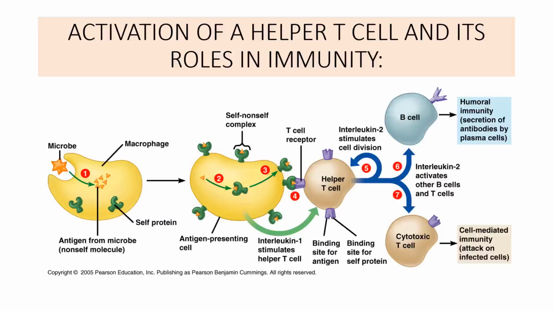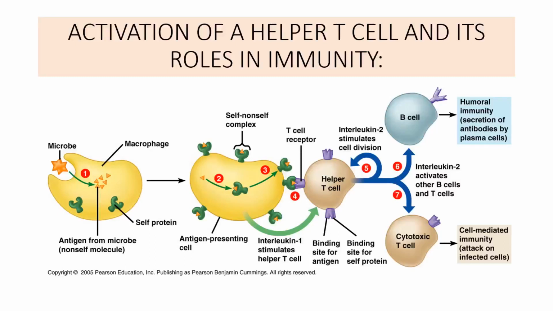Basically MHC is of two types, MHC class 1 and MHC class 2. MHC class 2 binds with the helper T cell, whereas MHC class 1 binds with the cytotoxic T cell. So the killer T cells bind with MHC class 1, and the helper T cells bind with MHC class 2, right?